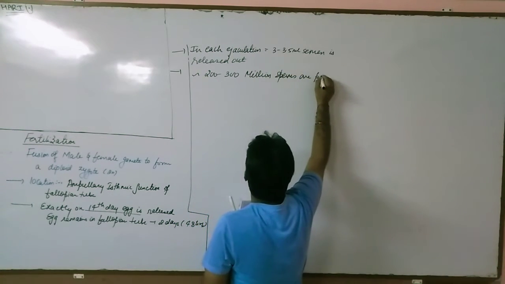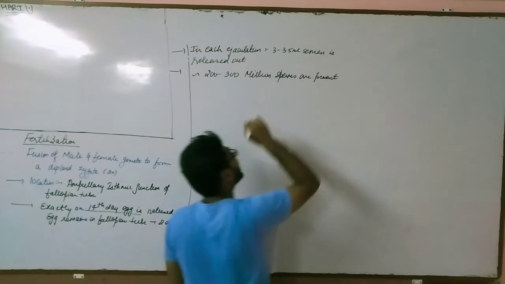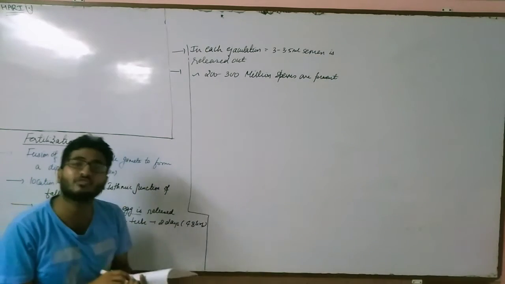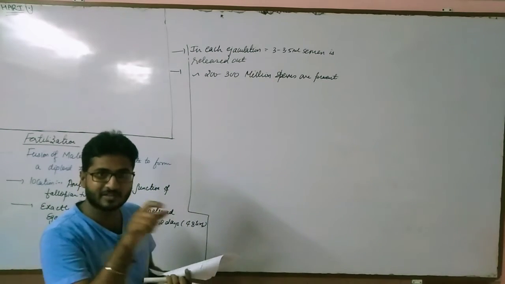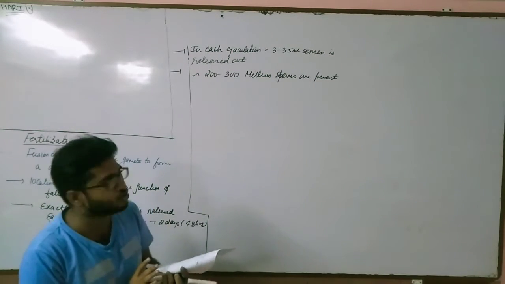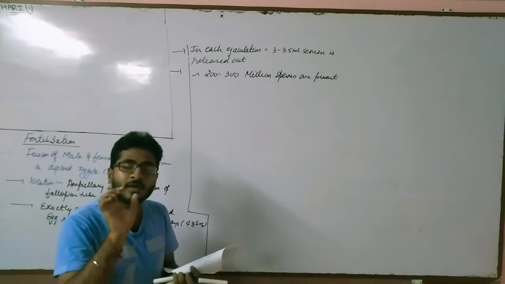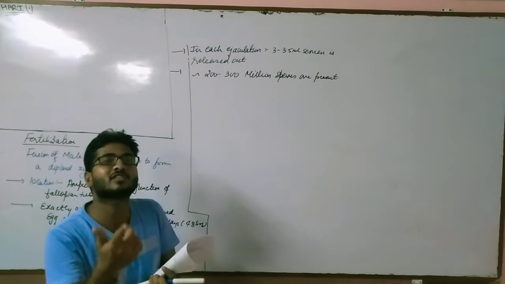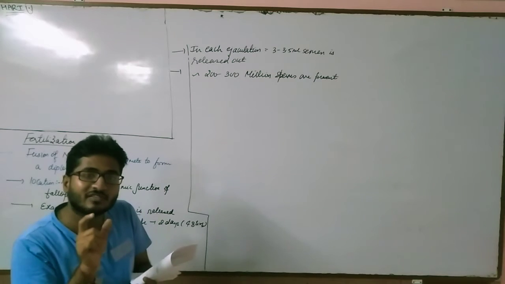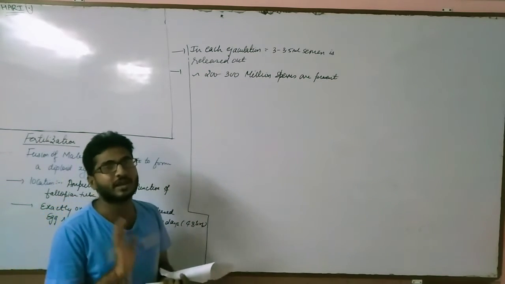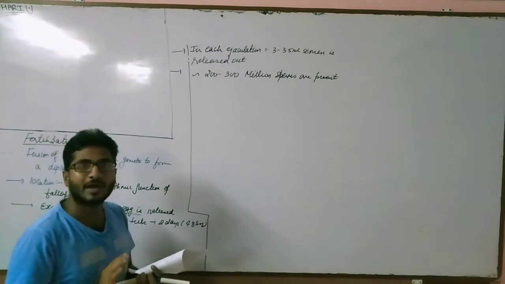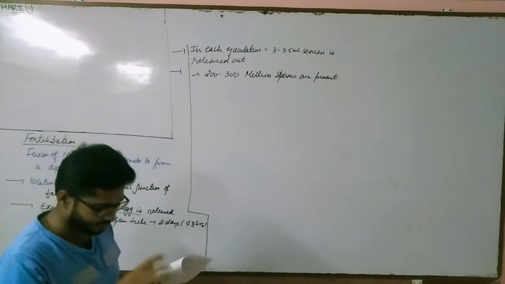Now the next thing is, the sperm has to start its journey from the vagina, the entry point of the female reproductive tract, and reach the ampullary isthmic junction, because this is the location where fertilization will take place. So now the sperm has to start its movement.